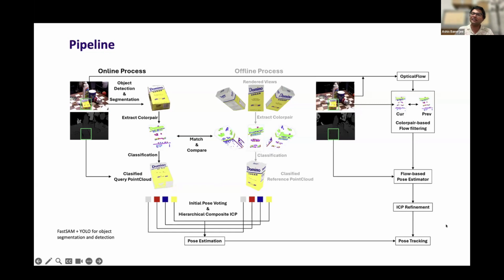On the pose tracking side of things, we use, again, the classical optical flow method, but try to make it more robust, because anyone who has worked with optical flow knows that if there are some jerky motions or maybe missing frames, then the method tends to lose its accuracy quite easily. So we boost the optical flow based tracking method with our color pair based filtering to make it more robust.